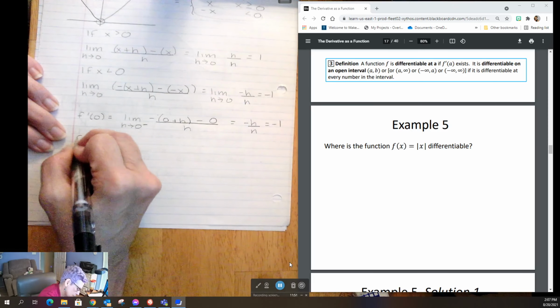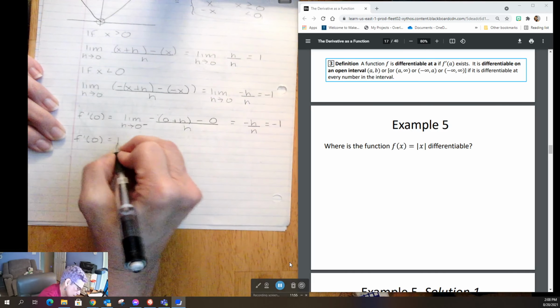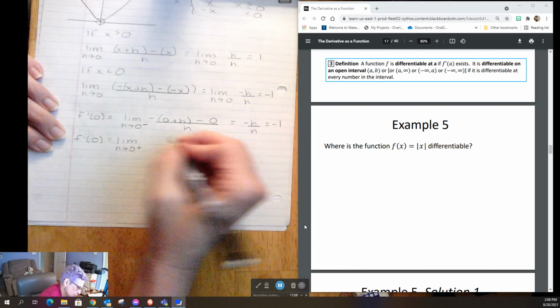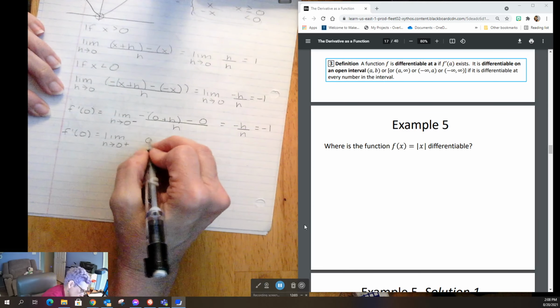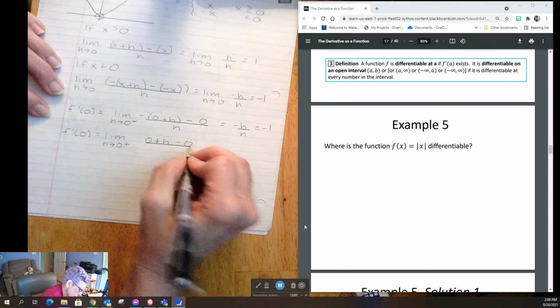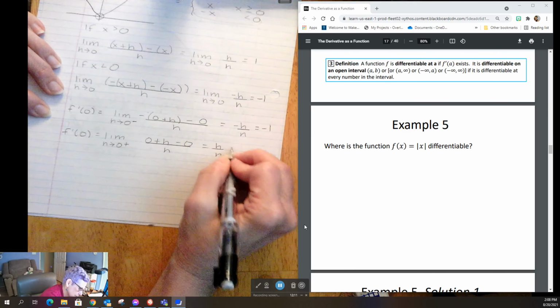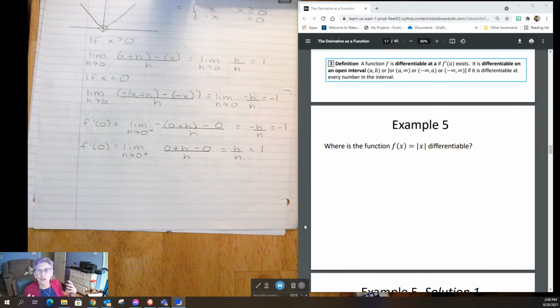And if we're approaching from the right, it would be the limit as h approaches 0 from the right. We're using this piece. So 0 plus h minus 0 over h, which is 1.